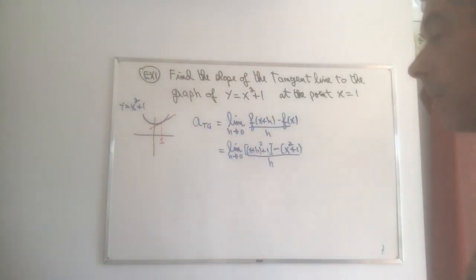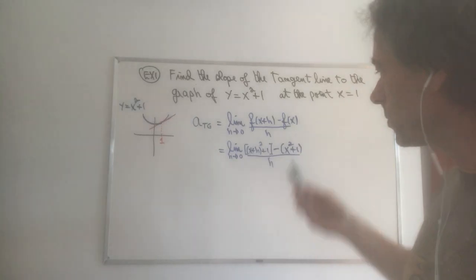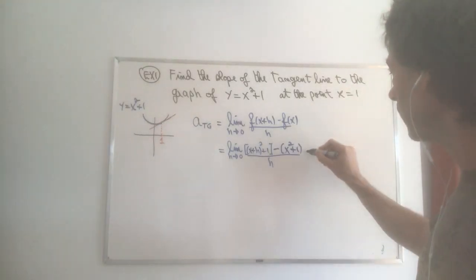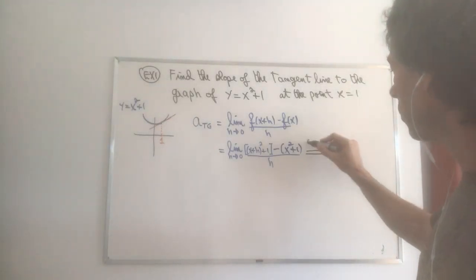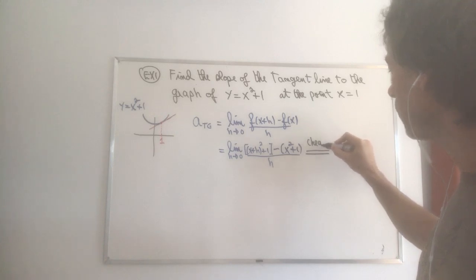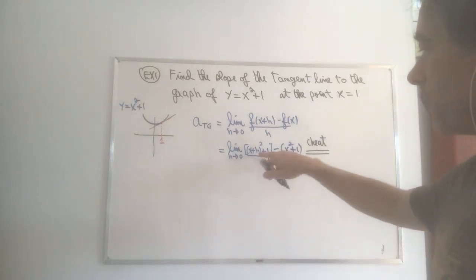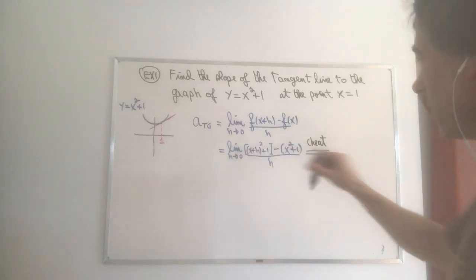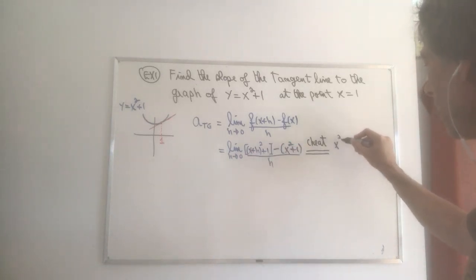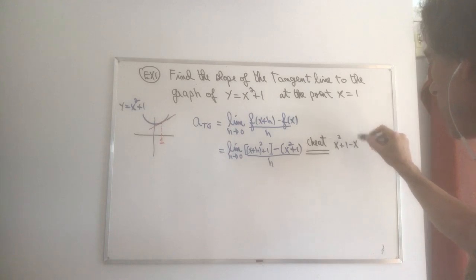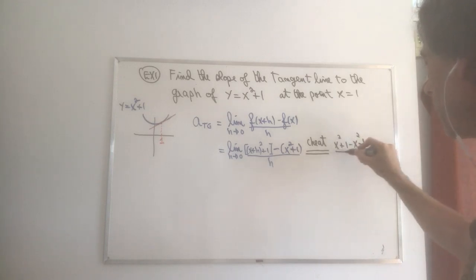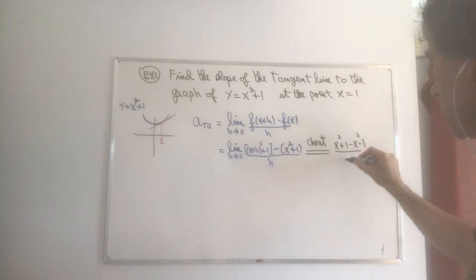Agreed? Okay, well, we have a limit, and I'd like to actually solve that limit. So I'm going to start with the good old beginning of the algebraic method, a good old cheat. Let me replace h by 0 here. x plus 0 is x squared plus 1 minus x squared minus 1 over 0.